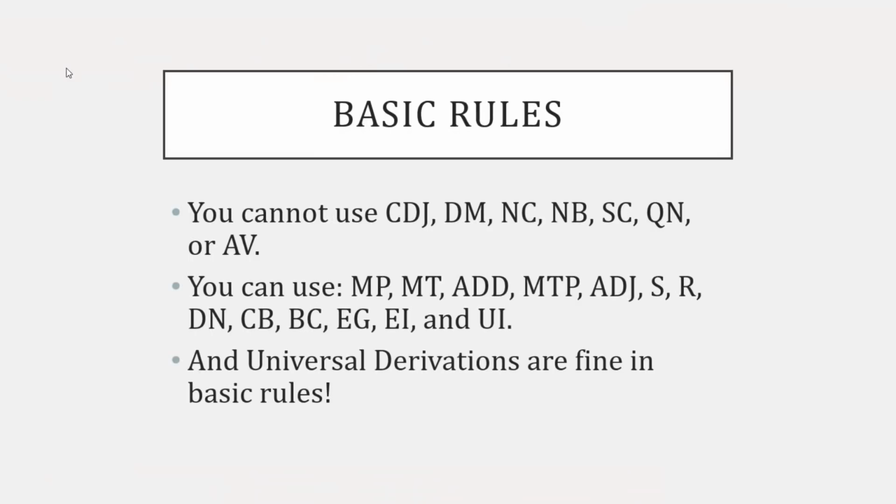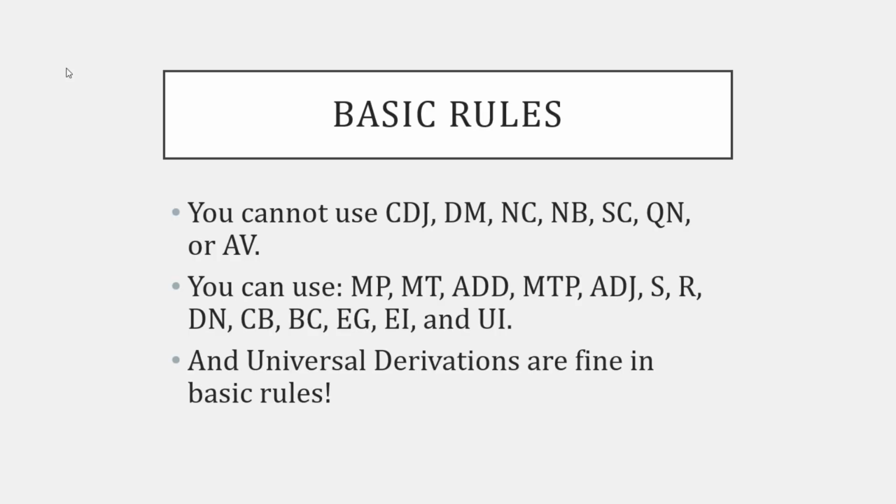So just to remind you of the rules for basic rules derivations, you cannot use CDJ, DM, NC, NB, SC, QN, or AV. Those are all derived rules. Those are the basic rules, and you'll get lists. Just like with the first 2 tests, you'll get lists of the allowed rules at the top of the sheet, exactly the same as on test 1 and test 2. There'll be an argument for you to derive, and a list of the available rules.